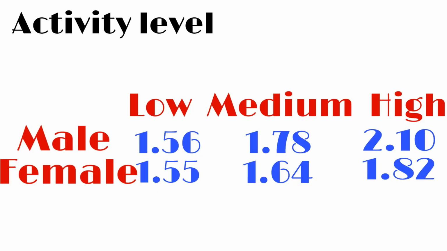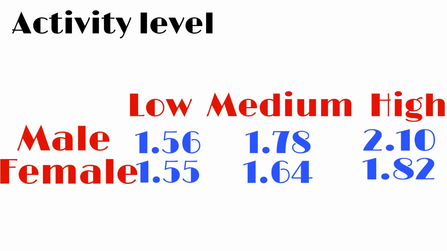So if you think you are a light worker, and if you are a male, multiply your basal metabolic rate by 1.56. And if you are a female, and if you think you are a light worker, your activity level is low, multiply your BMR, or the basal metabolic rate, by 1.55.